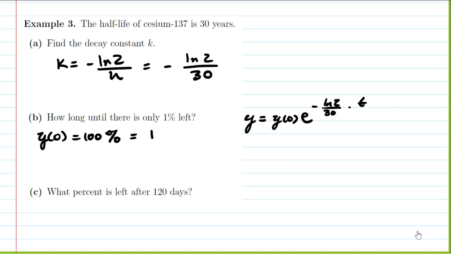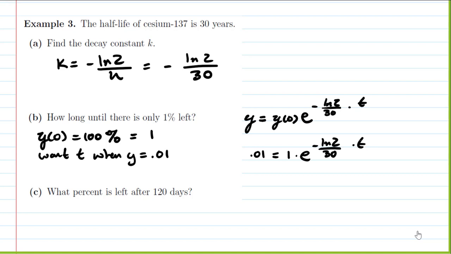So we turn our percent into a decimal and we get 1. Well, we want t when y equals 1%, but what's 1% as a decimal? 0.01.